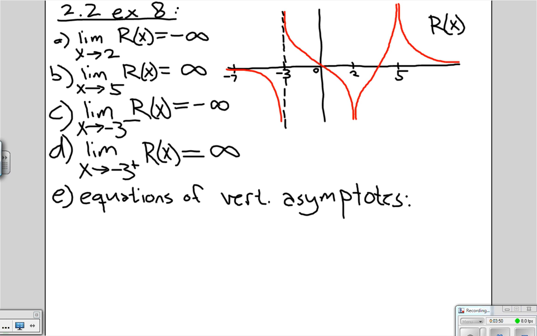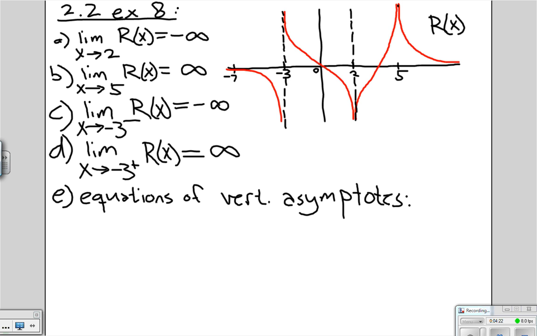A vertical asymptote is just a vertical line that the curve cannot cross. And when the curve tries to get close to that line, it shoots off towards plus or minus infinity. So this vertical line that I drew dotted is one vertical asymptote. It looks like there's another one at 2 and at 5. So I'll draw those in dotted line.